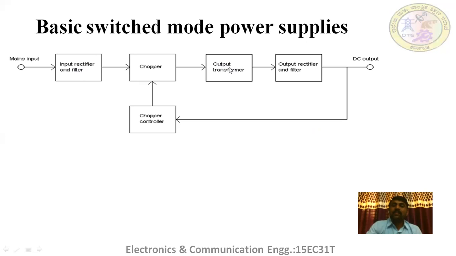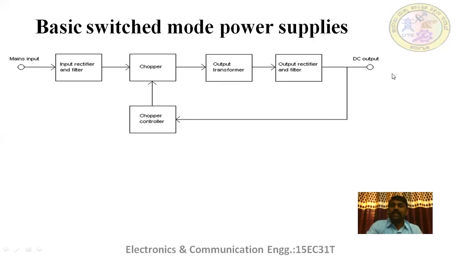This just transfers the voltage available as it is to this side. Again, this is rectified either to the level rectified at this stage or to a different level. So from the mains you can design a regulated output voltage of a different value.